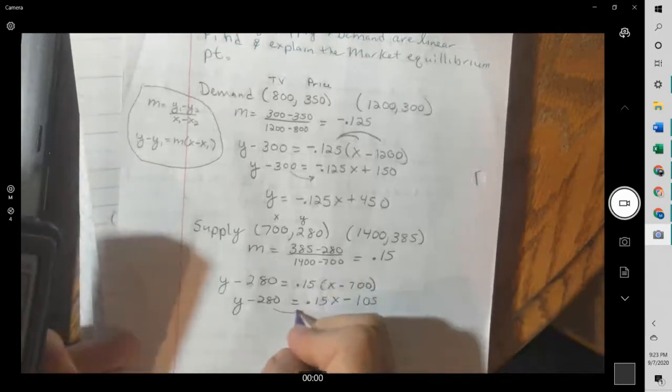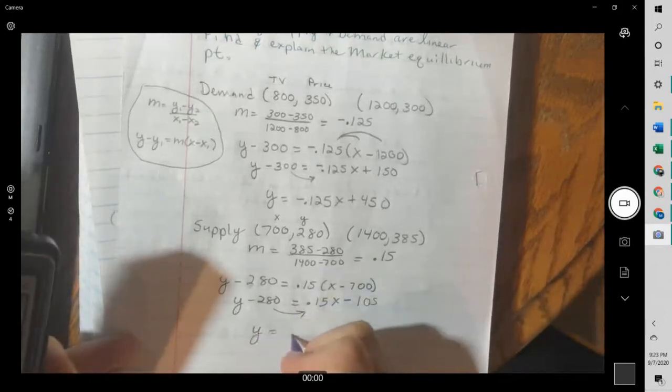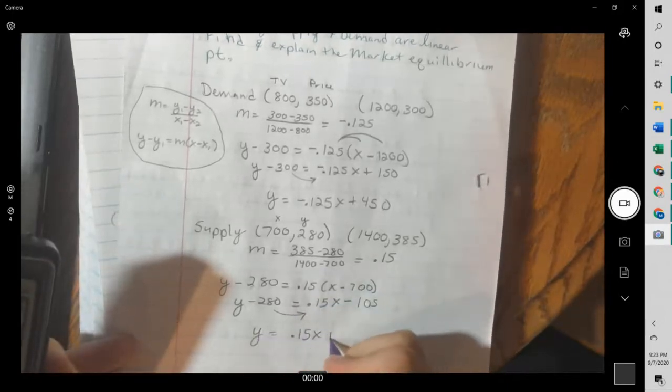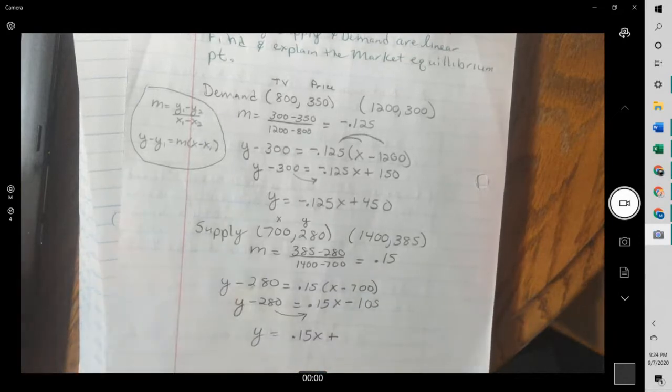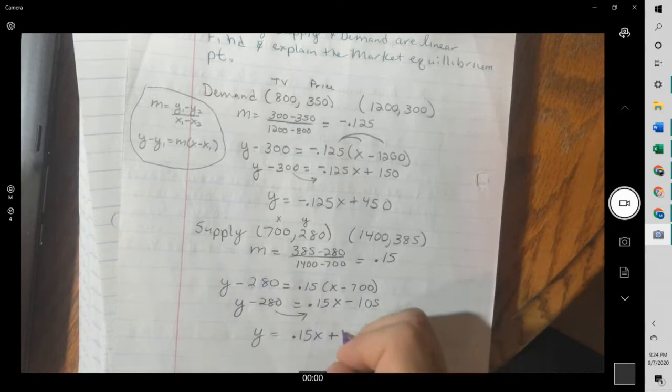And then we're going to add the 280 to the other side, which gives us 175. So that would be our two equations.